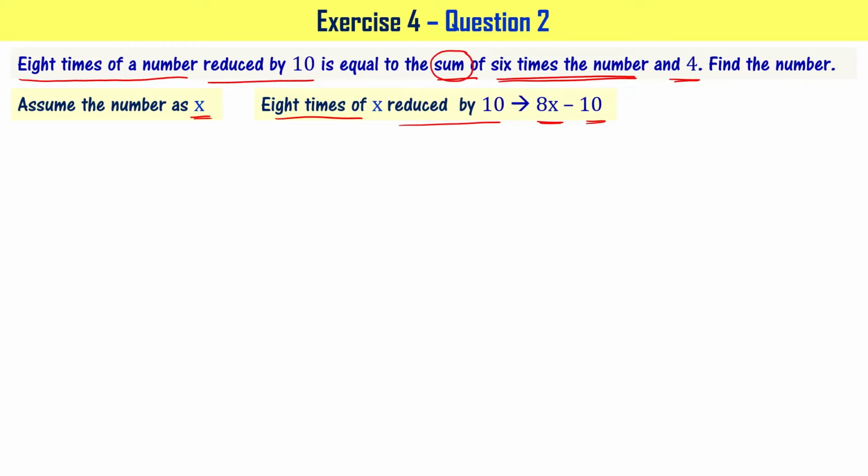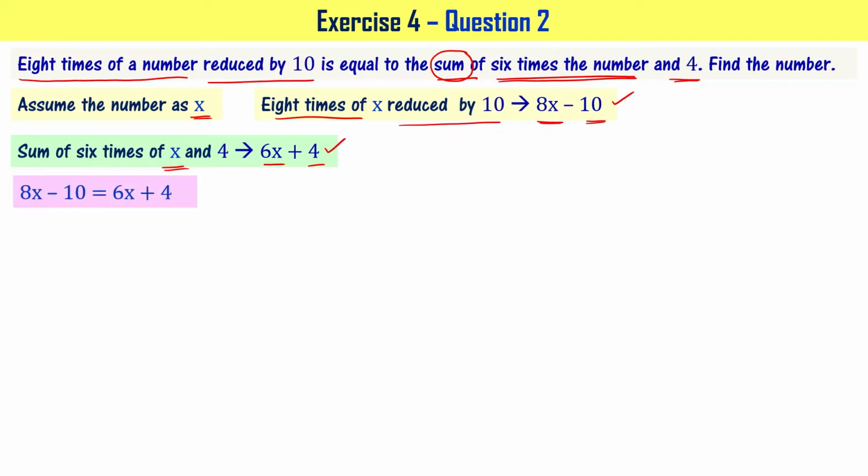Sum of 6 times the number and 4. 6 times the number x is 6x, and that has to be added to 4, right? As per the problem statement, these two quantities are equal. It means 8x minus 10 equals 6x plus 4, right? We have to solve this equation to get the value of x, that is the number.